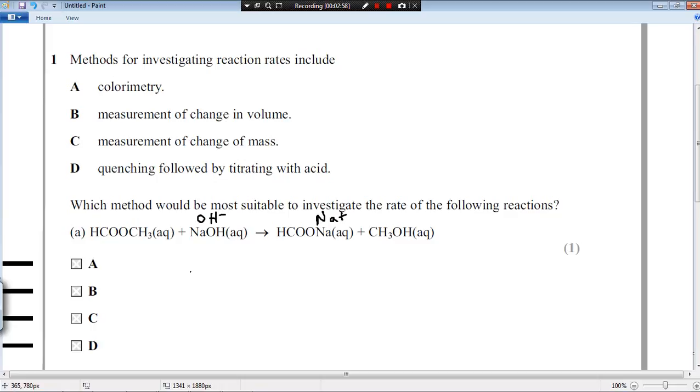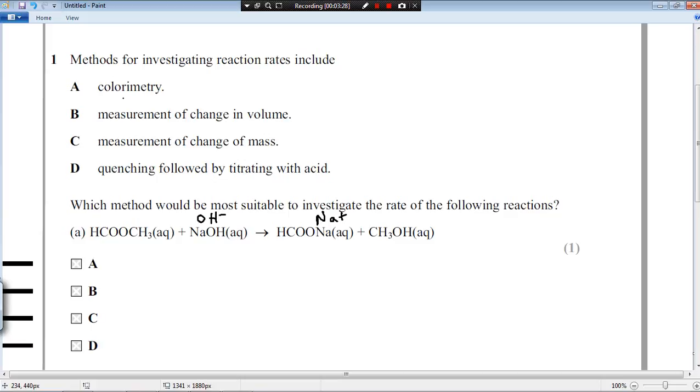So let's examine the options over here. So here is it the colorimetry? Let's see. The experiment involving colorimetry method.